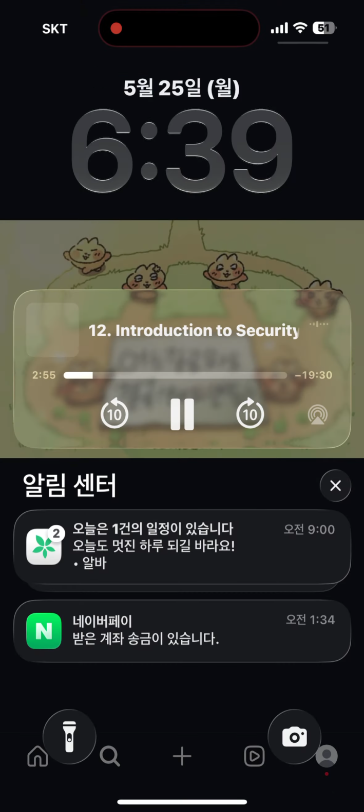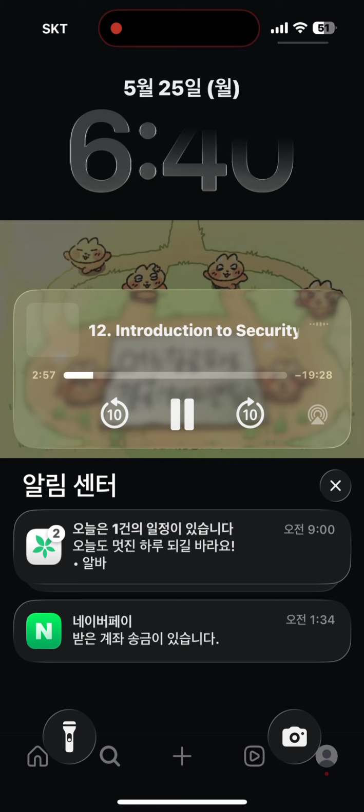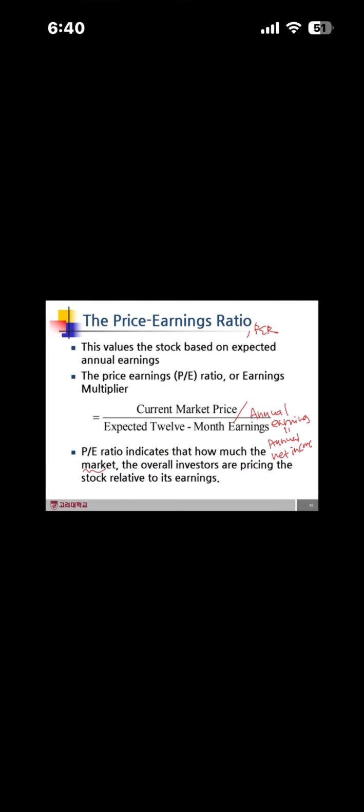And this ratio indicates how much the investors are currently valuing the stock price relative to net income. So say if the PER is 10 times, it means that the investors are valuing the stock price as 10 times higher than its net income.